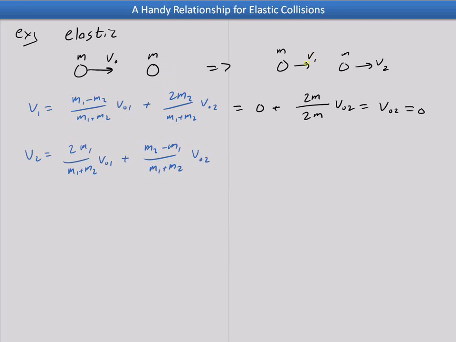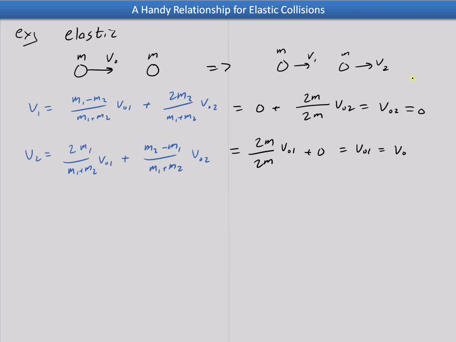So it tells us actually that this first one stops. And what about the other one? Well, maybe you can guess what's going to happen, but let's just work it out. So we'll get 2m divided by 2m times v initial 1 plus 0 is equal to v initial 1, which is just v initial. So in fact, what happens is we start out with one ball moving and the other one at rest, and after the collision, this first one's at rest and the other one is moving.